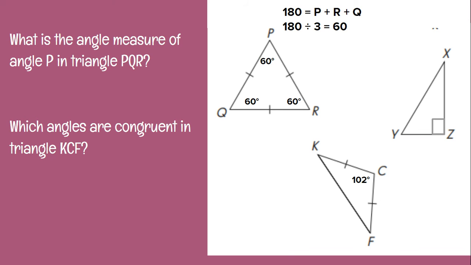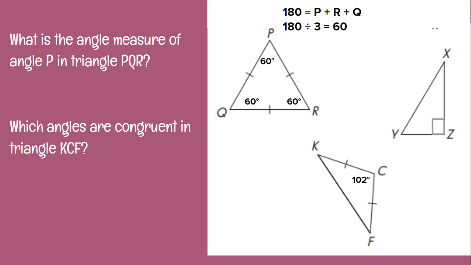Which angles are congruent in triangle KCF? Go ahead and pause the video and answer for yourself. In triangle KCF, we know that side KC is congruent to side CF. We name the sides of triangles just like we name line segments.